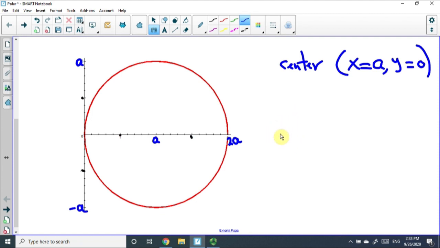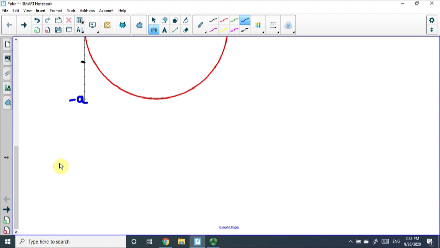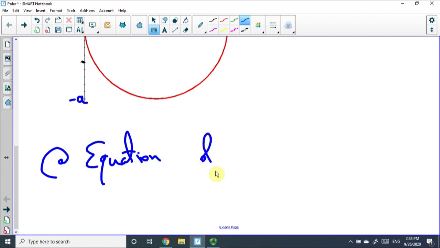We're going to start with part A of the exercise, which says to find the equation of the circle in polar coordinates. So we're going to find the equation of a circle, but we're going to use polar coordinates to do that.